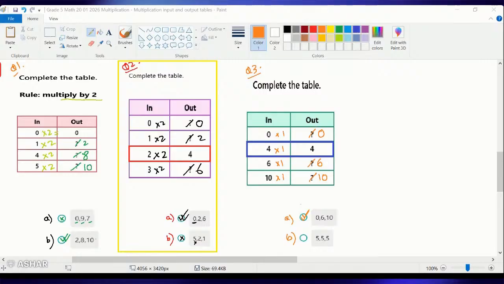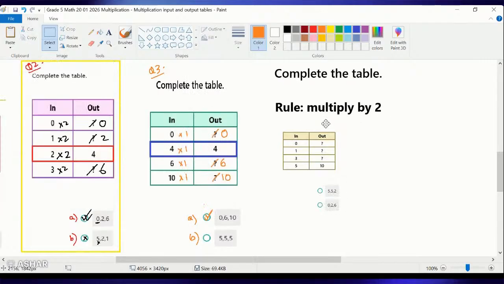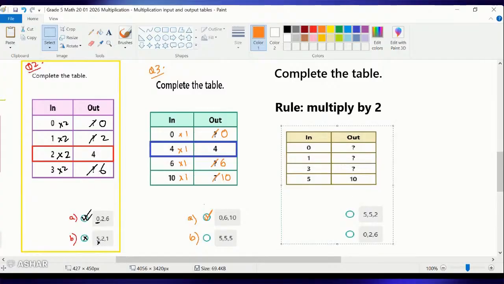The next question says, the rule is given to us. Question number 4 states that complete the table, and the rule is given: multiply by 2. So what should be the answer for question number 4?